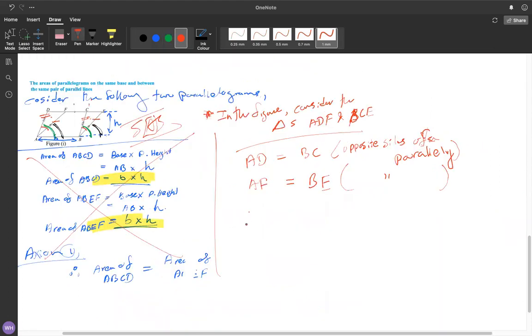So that angle DAF is equal to angle CBE. The reason is, you need to have a letter here.